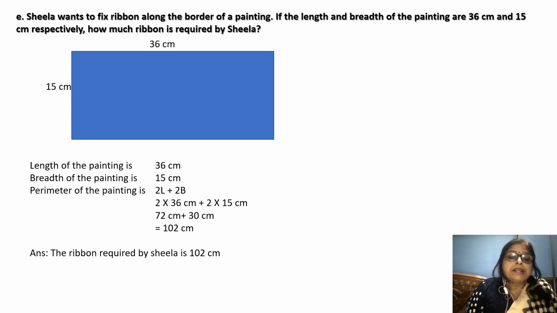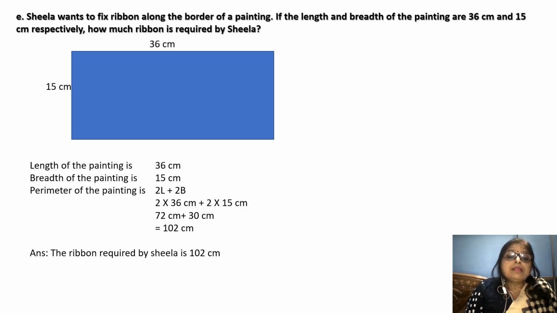So you can say that perimeter of the painting is 2L plus 2B. It means 2 into 36 centimeter plus 2 into 15 centimeter. That is 72 centimeter and 30 centimeter, which is equal to 102 centimeter.